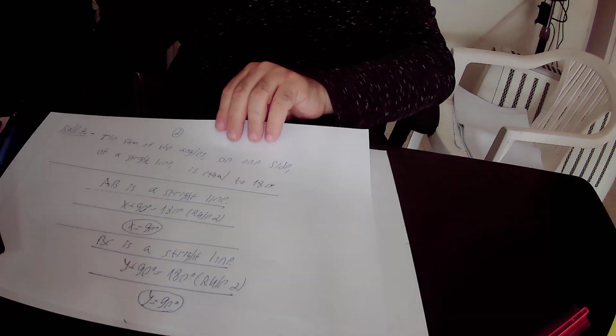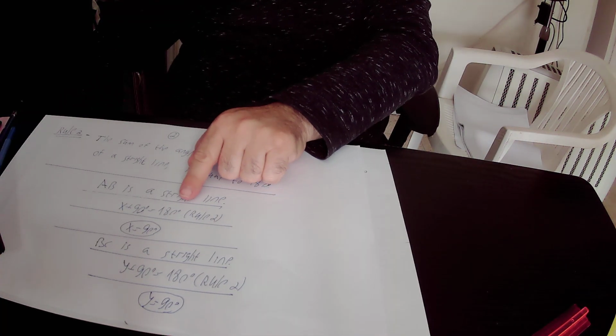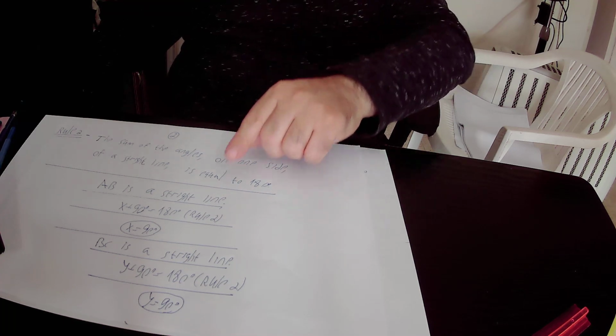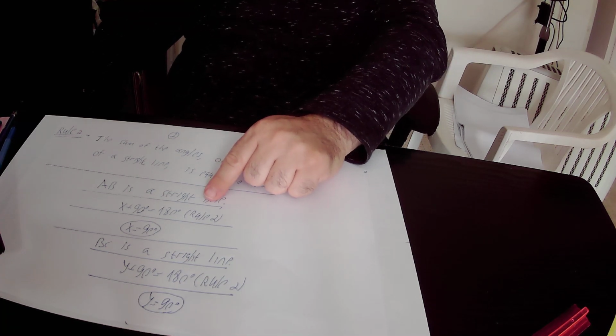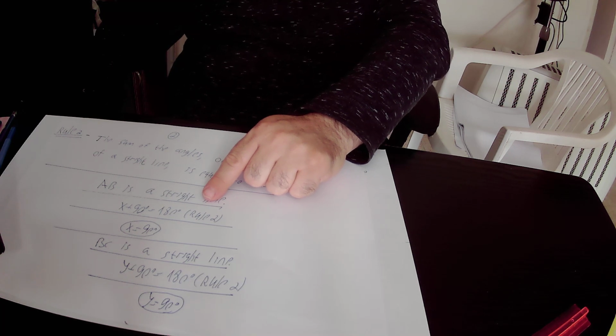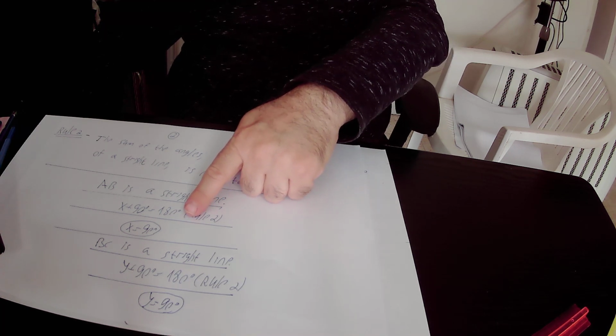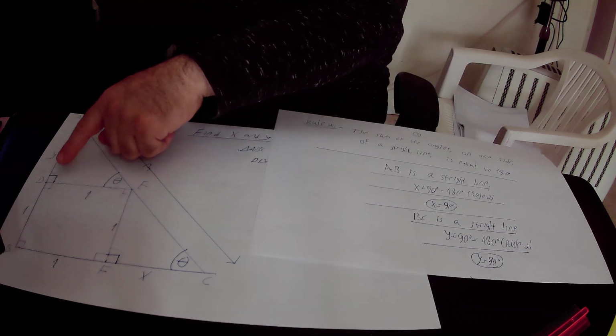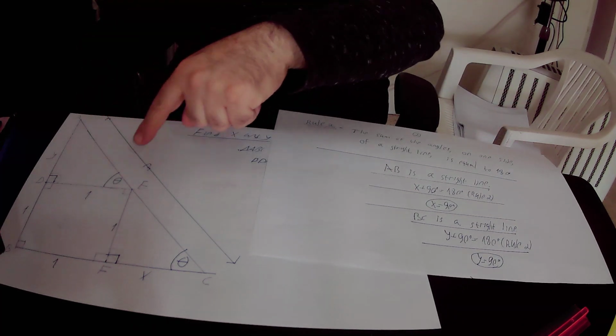We subtracted 90 degrees from this equation and found out that angle X equals 180 degrees minus 90 degrees, that is to say, angle X equals 90 degrees. So this angle is a right angle, therefore triangle ADE is a right triangle.